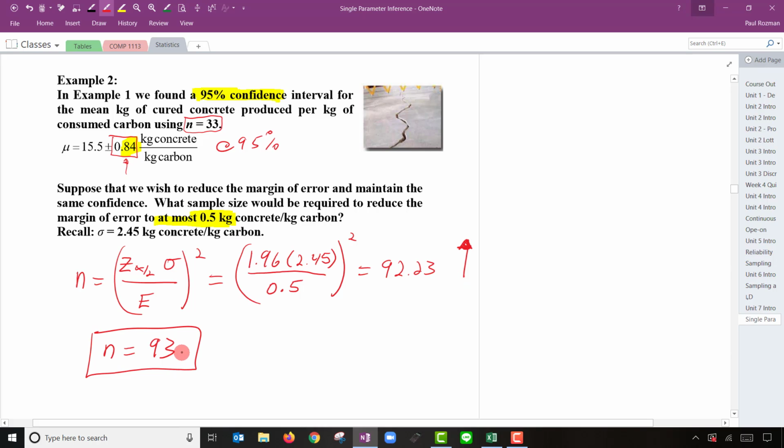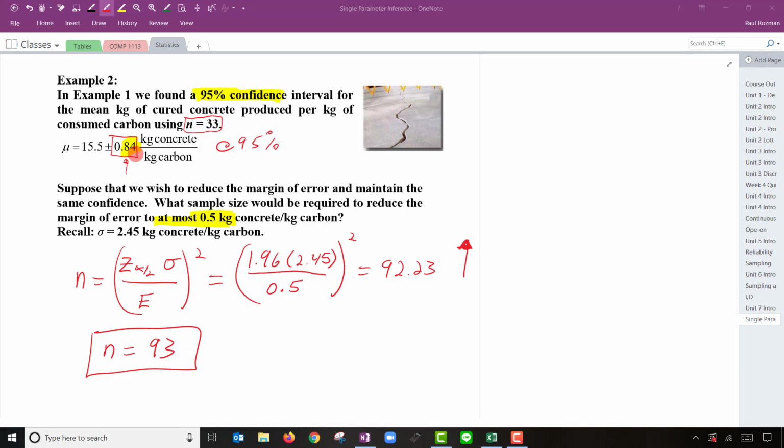In order to get the error down from 0.84 down to 0.5, I should have poured 93 slabs of concrete and tested them instead of doing 33. So here's a case where money starts to be the real factor. Money and time. Do you have enough time and money to sample 33 of anything?